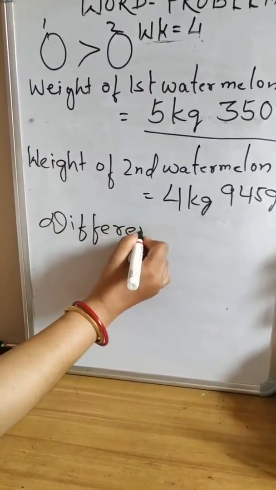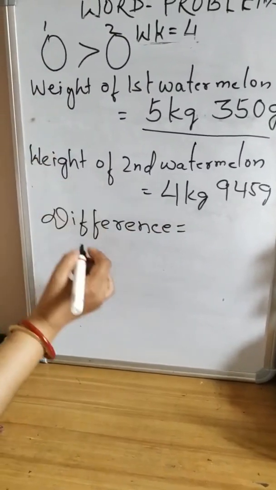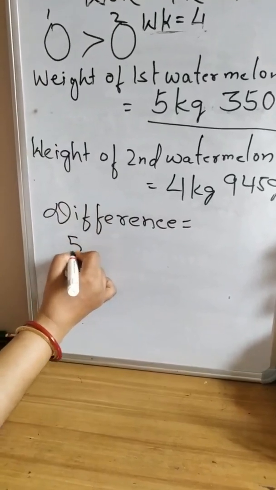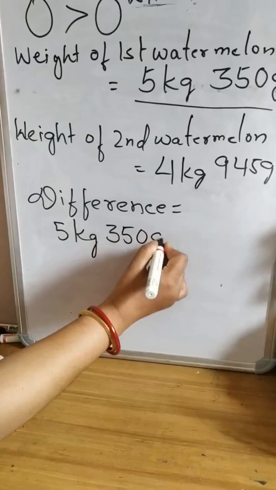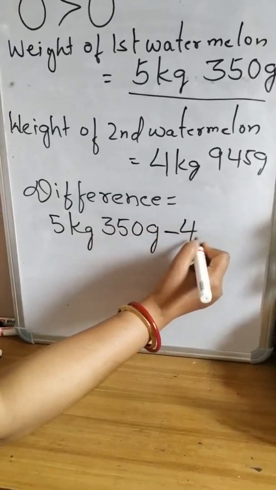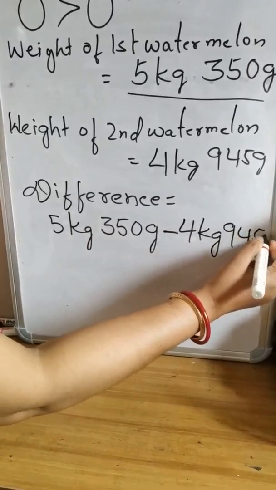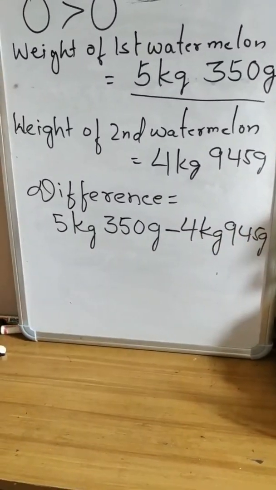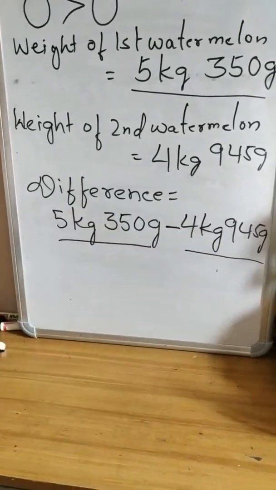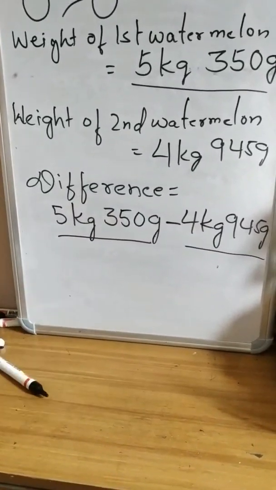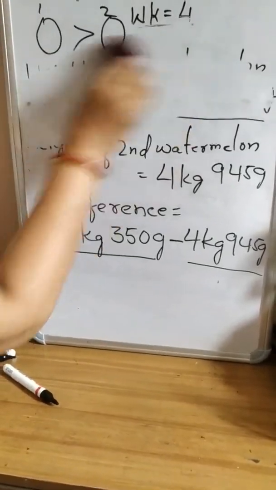Now, by how much means difference. How much more is it? The weight of the first watermelon is more. So what will we do? Difference between 5 kilogram 350 gram and 4 kilogram 945 gram. So we have to find the difference between these two quantities, the weight of the watermelons. So let us find the difference. So we do subtraction.